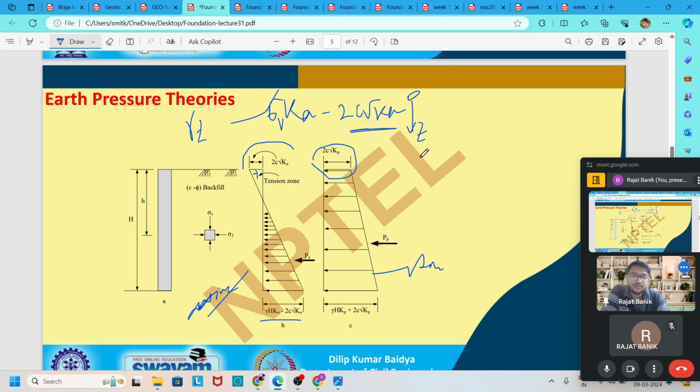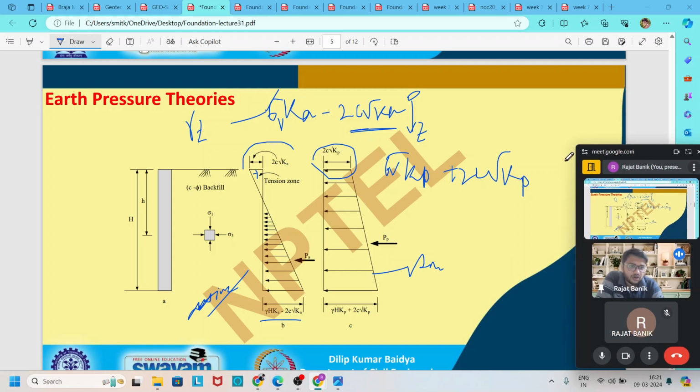At the surface of the wall, in the passive case, if you write sigma v Kp plus 2c root Kp and put z equal to 0, sigma v is equal to 0, so it becomes 2c root Kp.